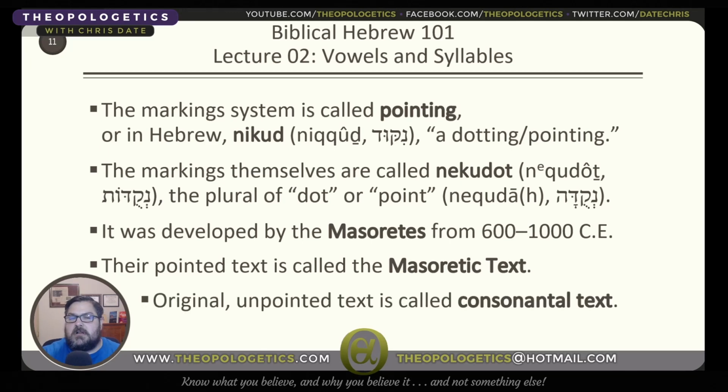And the original unpointed text is called consonantal text, meaning comprised only of consonants. So be on the lookout throughout your biblical studies for these words. Pointing, the Hebrew pointing system, which is called nikud. The individual marks themselves called nikudot, each individual one of which is called nikuda. This system was standardized by the Masoretes. Their pointed text is called the Masoretic text, and unpointed original text is called consonantal text.